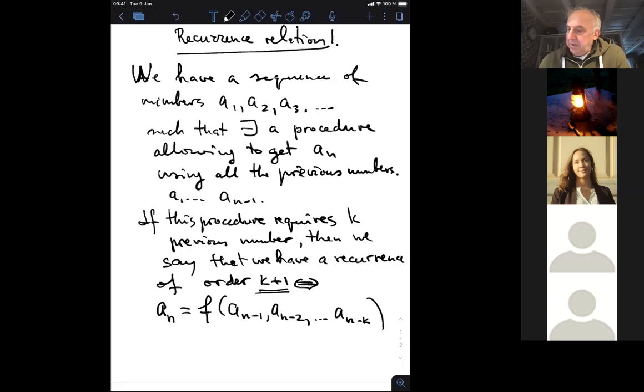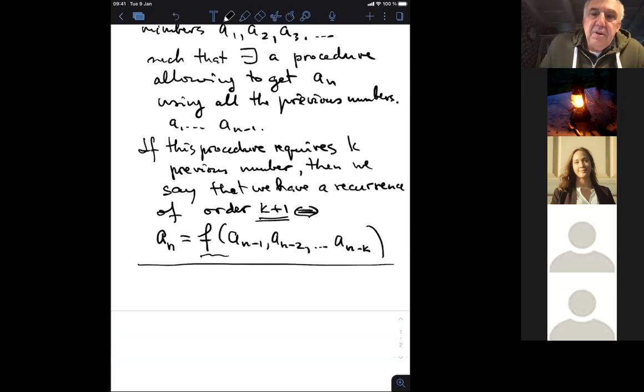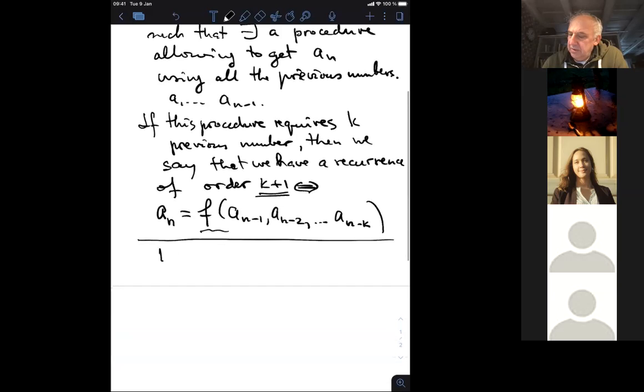Okay, so again, this is a fairly general situation. It's some kind of dependence, and this is still quite difficult to study in general. What is a good object of study is linear recurrences. So linear recurrences of order k+1.